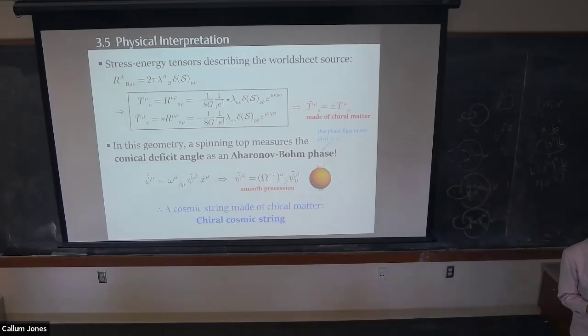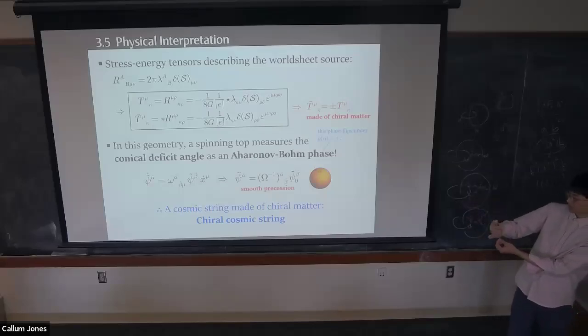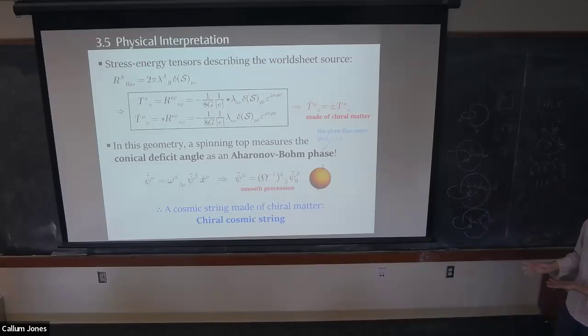So the physical interpretation is that the precession is precisely measuring the conical deficit angle in this geometry, and this object is creating an exotic cosmic string made of chiral matter. So in this sense, we call this a chiral cosmic string.